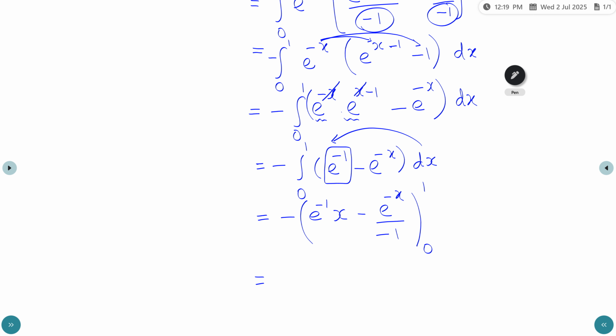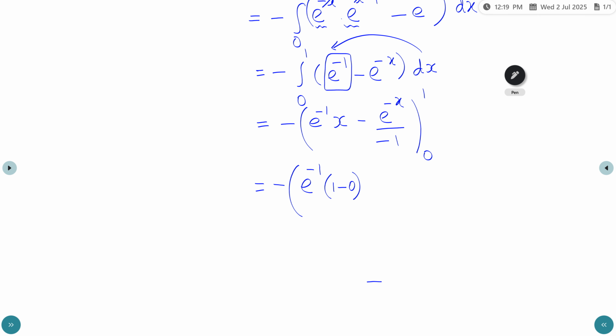That is minus of e power minus 1, upper limit minus lower limit in the place of x, minus the upper limit e power minus 1 by minus 1 minus the lower limit e power 0 by minus 1. That is minus e power minus 1 multiplied by the 1, so that is again e power minus 1.